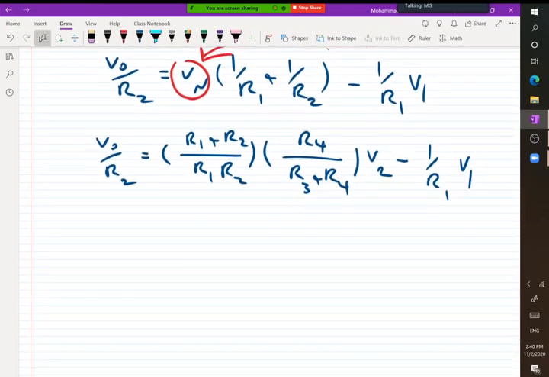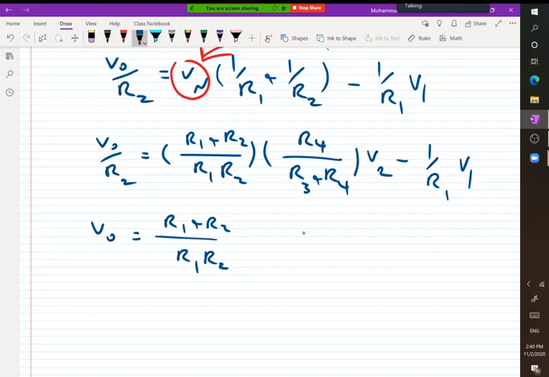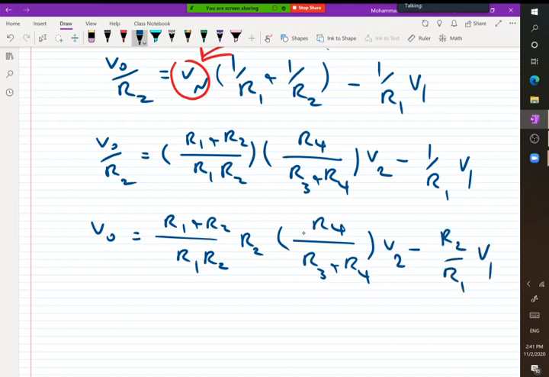Or we can say VO is equal to (R1 plus R2) over R1 R2 times R2 times R4 over (R3 plus R4) V2 minus R2 over R1 V1.